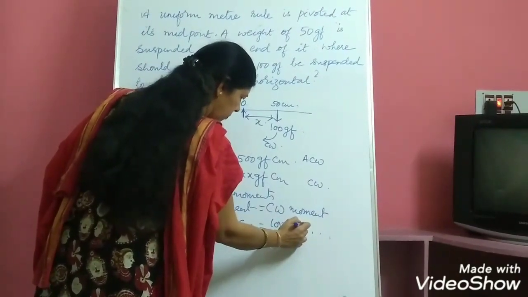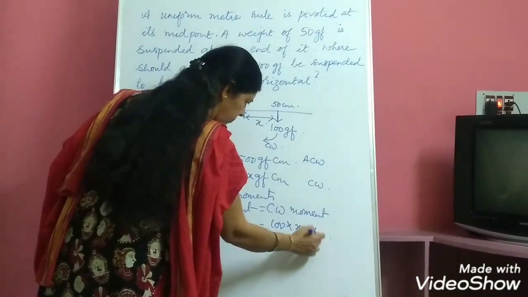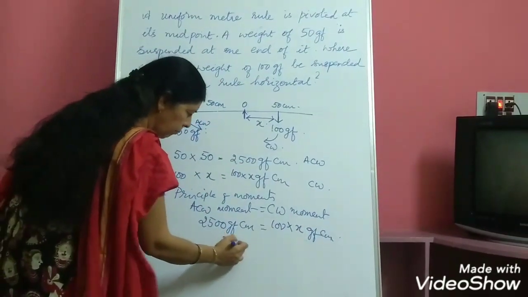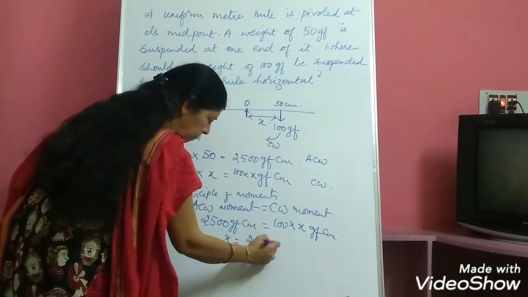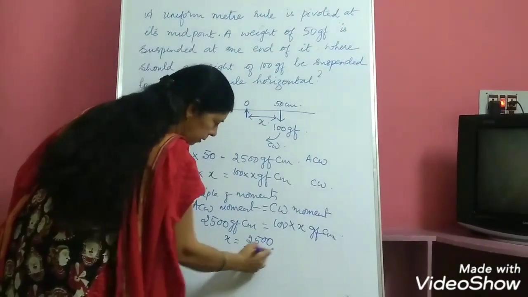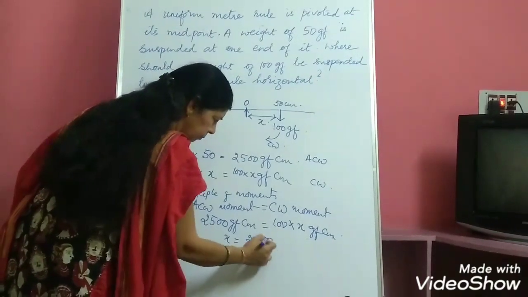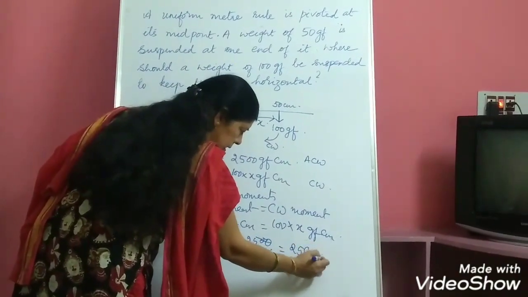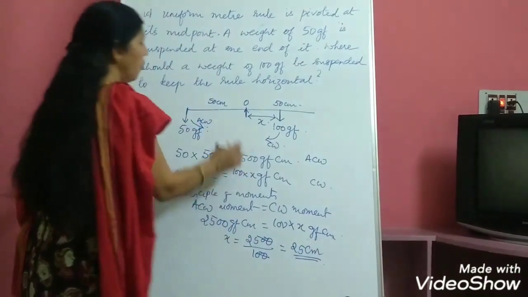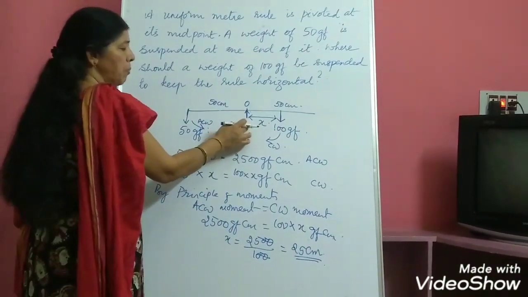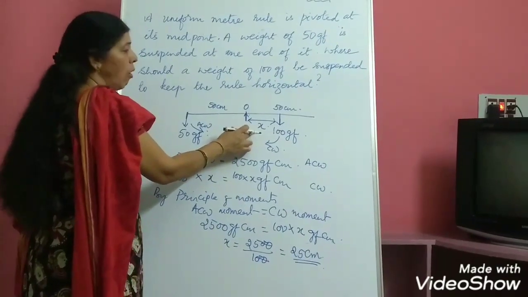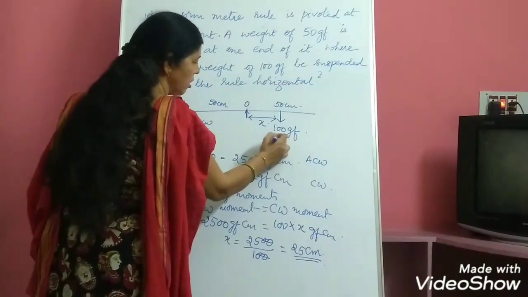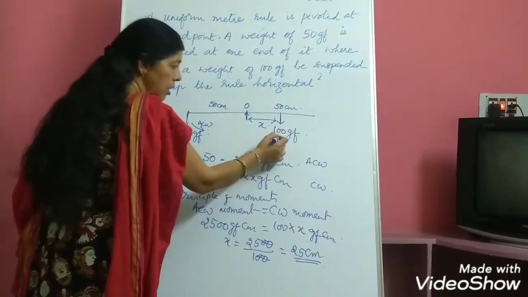So this will be 100 into x. Now, x will be equal to 2500 by 100. So it comes to 25 centimeter. So, if you want to bring this uniform meter rule into equilibrium condition or make it horizontal, then you have to hang this weight of 100 gram force at what distance?